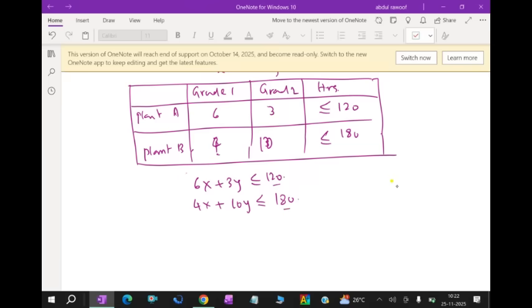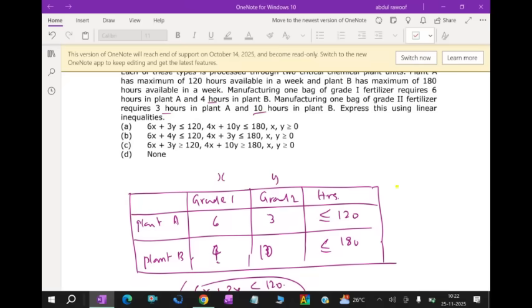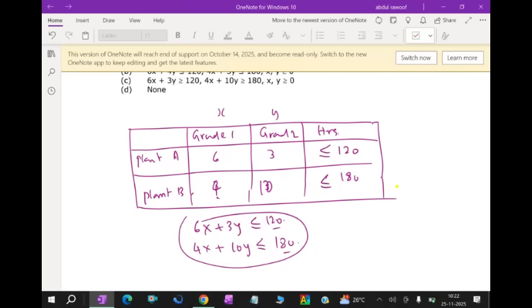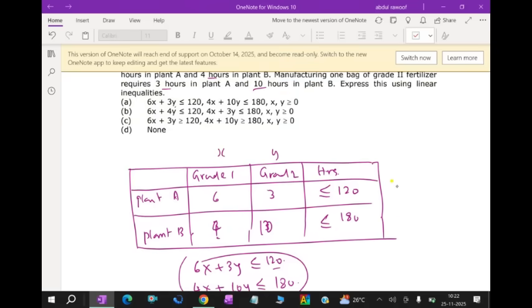So this is your option, that optimizing, that is the first equation. Option 1 is A is correct, because this equation satisfies this one.